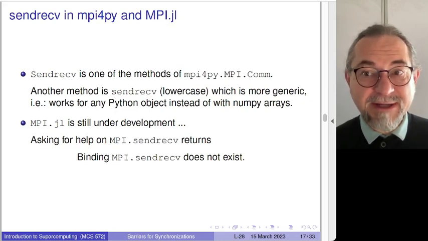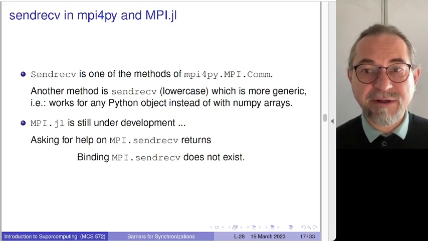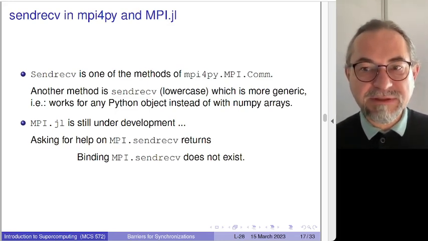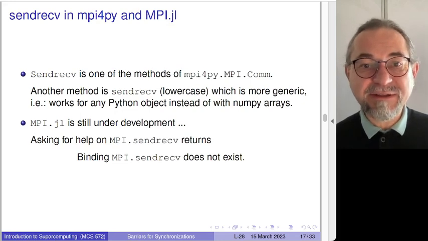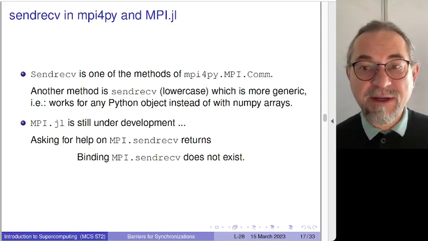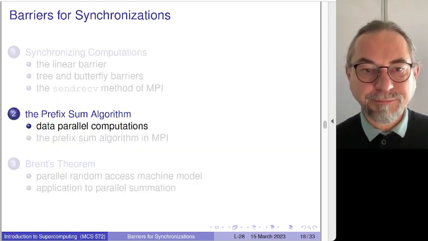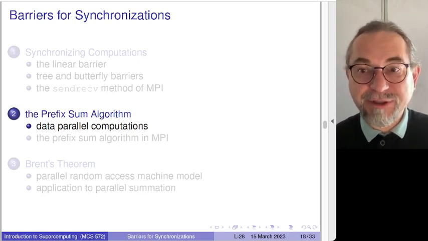Okay, so that's the main exercise for this part. Implement the butterfly barrier with either C, the send and receive, implement it with the MPI4Py, or with the Julia code. And then also, of course, the OpenMP implementation.